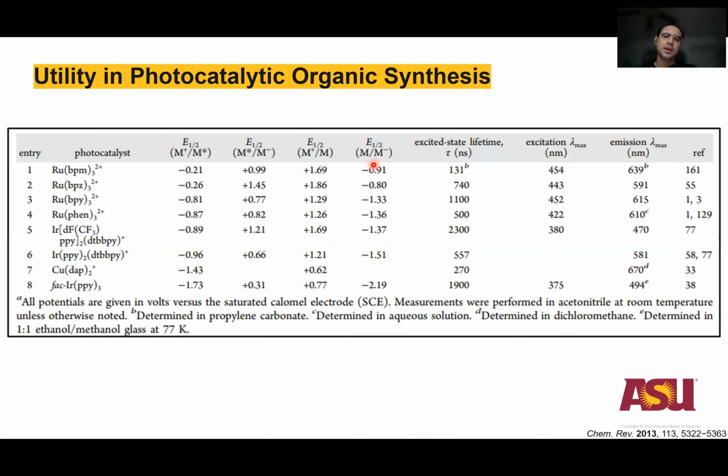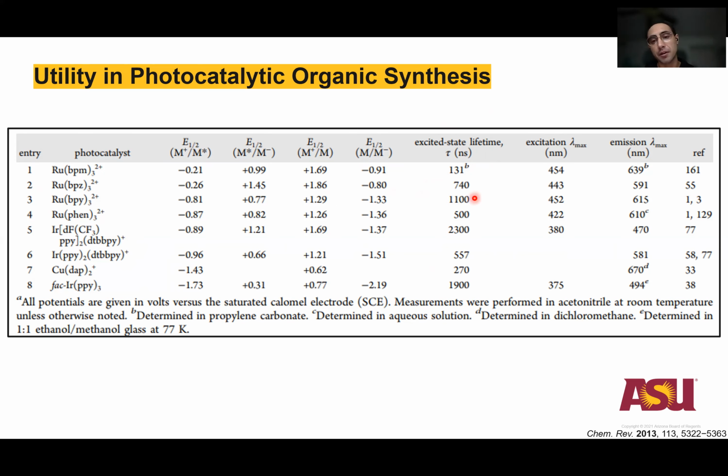I also wanted to show this table that shows a variety of different transition metal catalysts that are quite popular right now. The main thing I wanted to focus on for this figure is this column, where they show the excited state lifetime of these different photocatalysts.